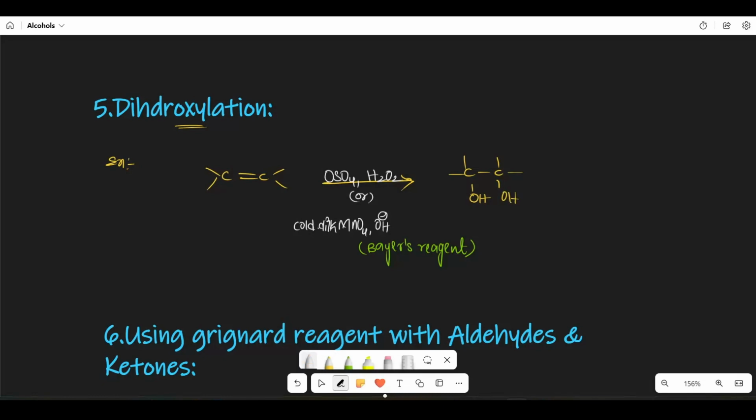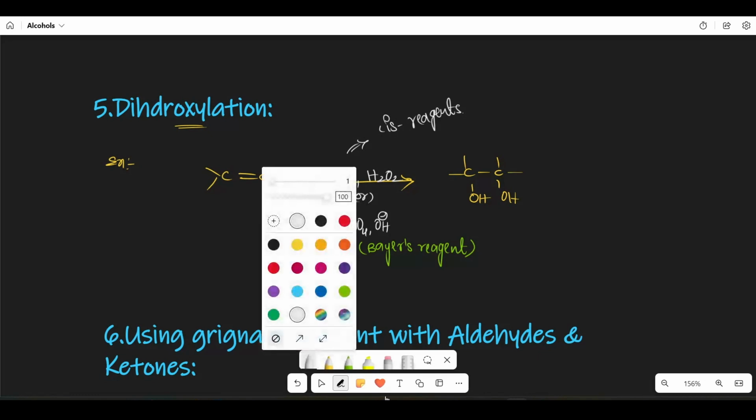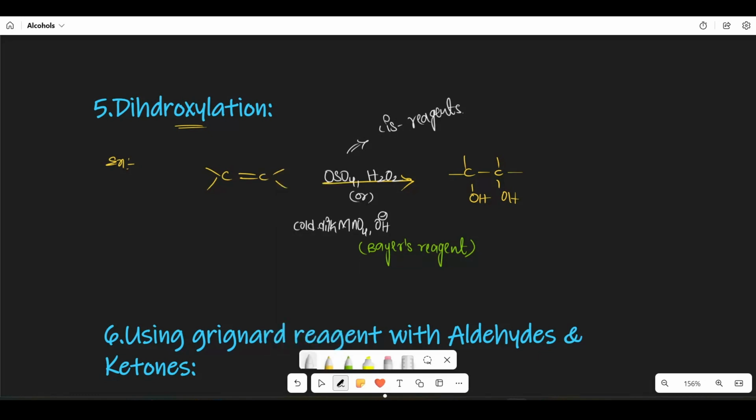These two are syn reagents, or you can also call them cis reagents. We can use OsO4 or Baeyer's reagent. So it's clear now.